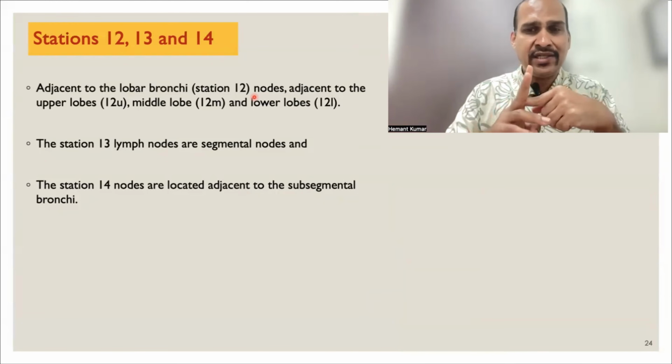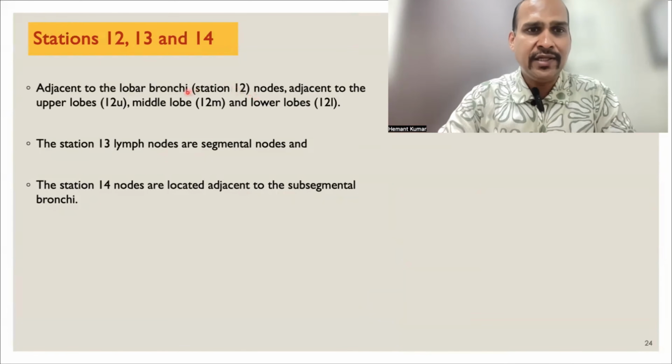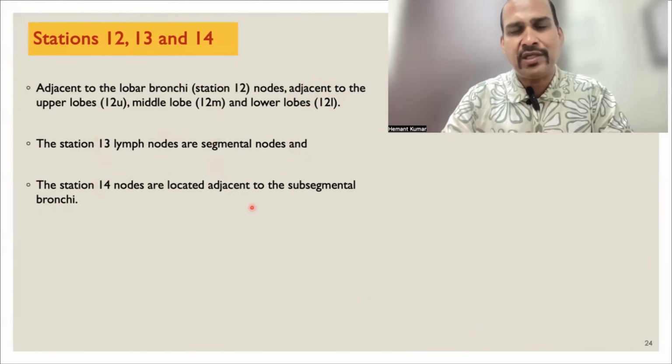Between bronchi is station 11. Along the lobar bronchi is station 12. As the right side has three lobes, the upper lobe is 12U, the middle lobe is 12M, the lower lobe is 12L. Station 13 is segmental, station 14 is subsegmental.